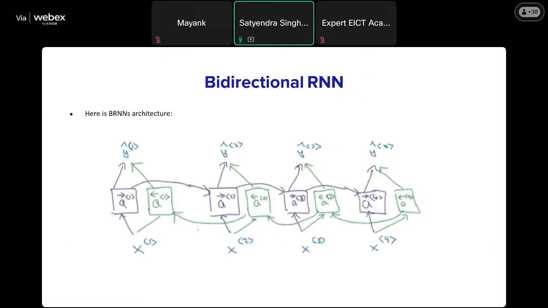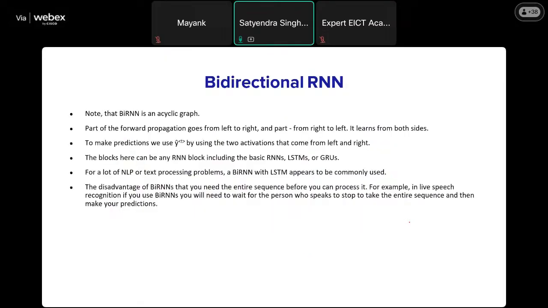That's where the bidirectional architectures come in, where this bidirectional RNN, or a variant of RNN like LSTM or GRU, has YT calculated not only based on AT from left to right, but also from AT coming from right to left. The same holds for other RNN units as well.